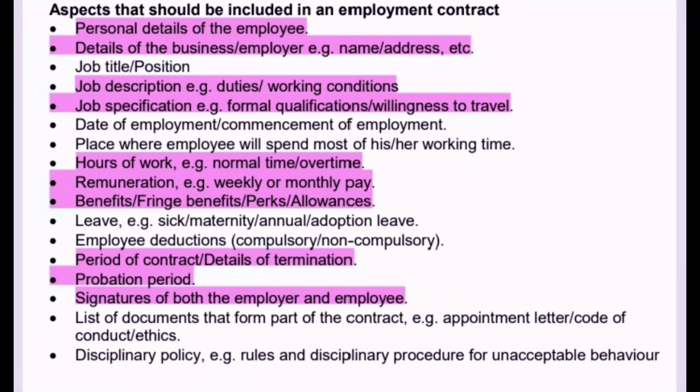Probation period must also be included. When we speak about probation period, we are simply speaking about when they assess that you are suitable for the position. The last thing they must not forget is the signature of both the employer and the employee, which must be included in the employment contract.